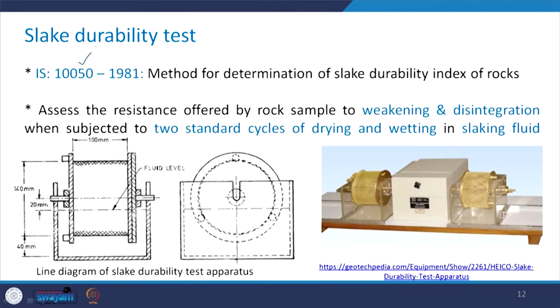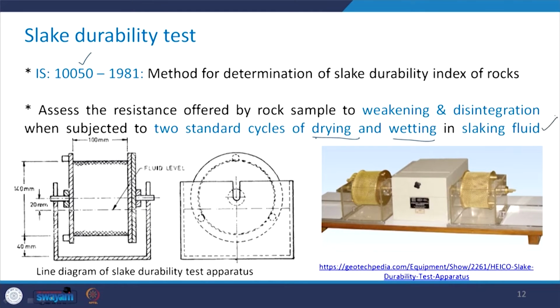Basically this test helps us in assessing the resistance offered by the rock sample to weathering and disintegration when the rock is subjected to two standard cycles of drying and wetting in slaking fluid, which is generally taken as water.